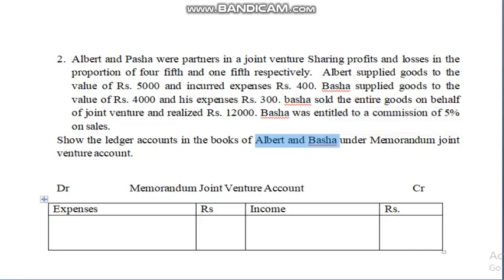So what's the first transaction? Albert supplied goods to the value of rupees 5,000 and incurred expenses of rupees 400. So total 5,000 plus 400, 5,400, and these were incurred by Albert, so to Albert.